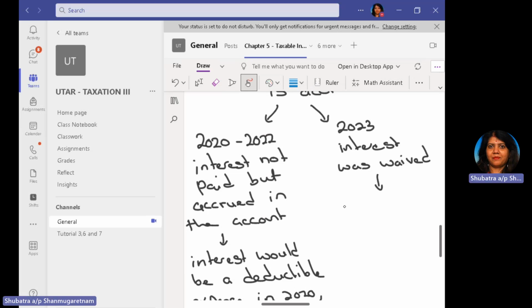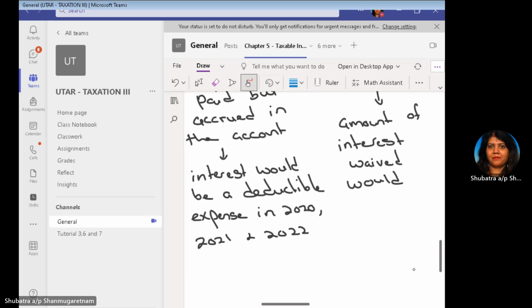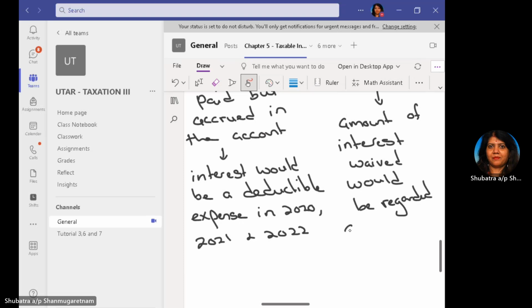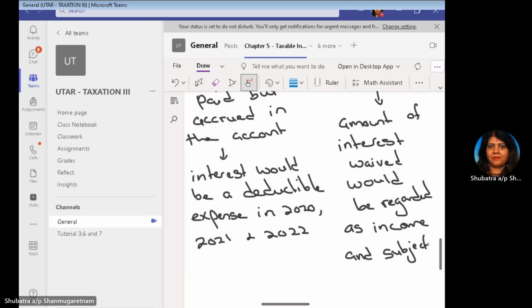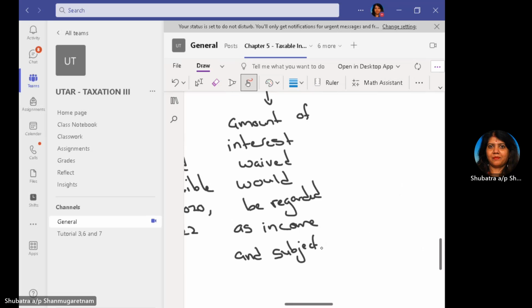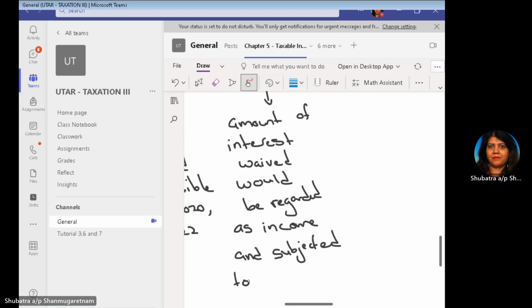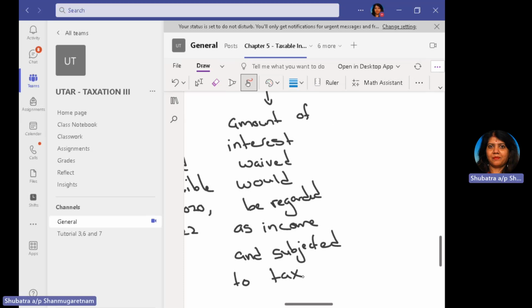The amount of interest that was waived, whatever interest that was waived would be subjected as an income.